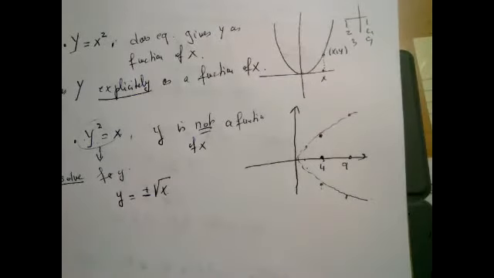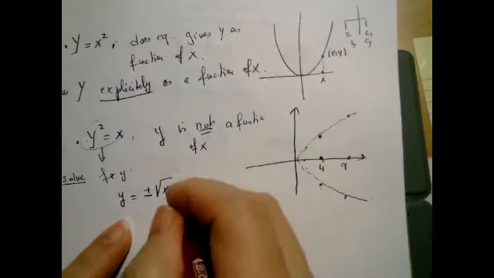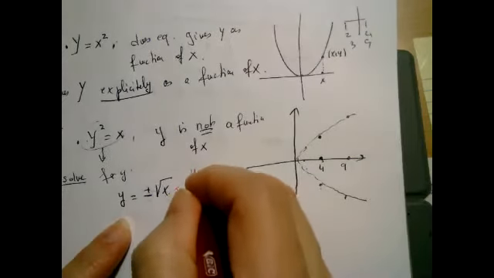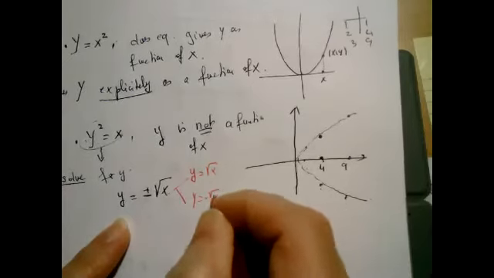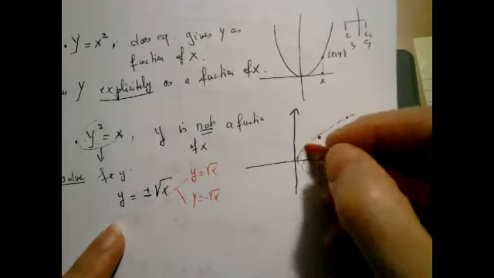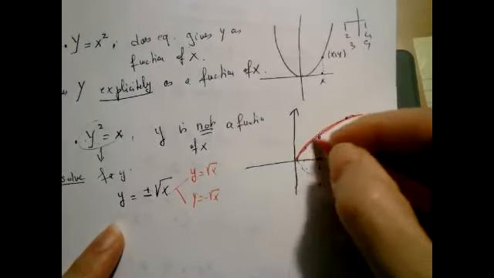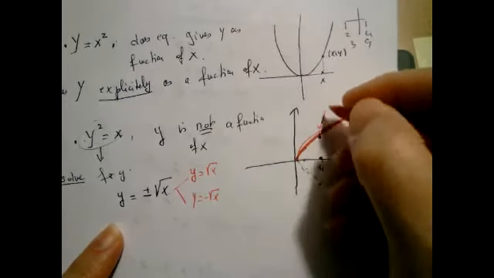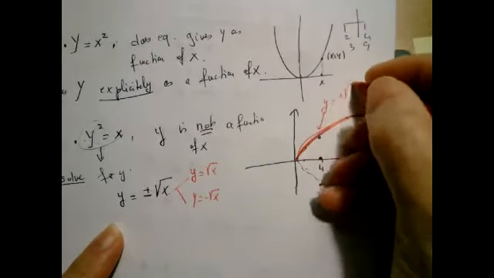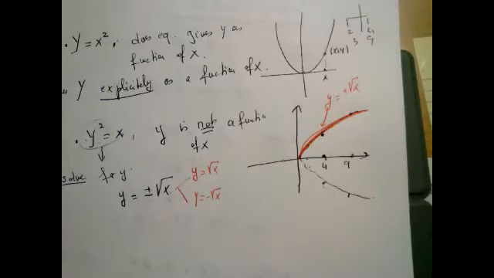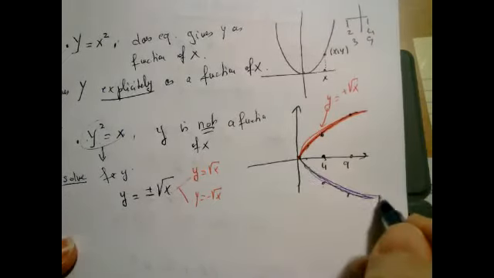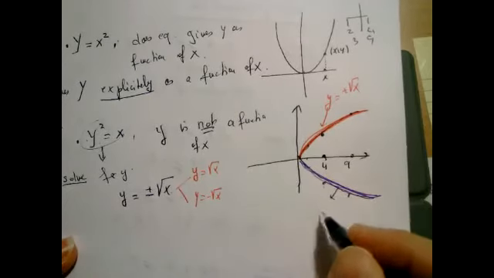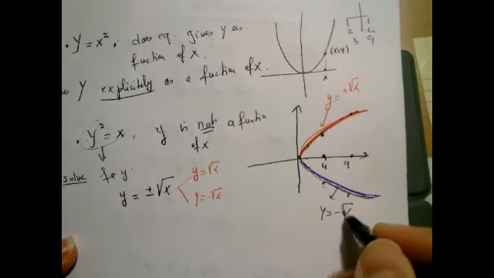So if I'm graphing this, I'm going to have 2 functions: the plus square root and the minus square root. The upper piece here is the positive root, and this down here is the negative square root.